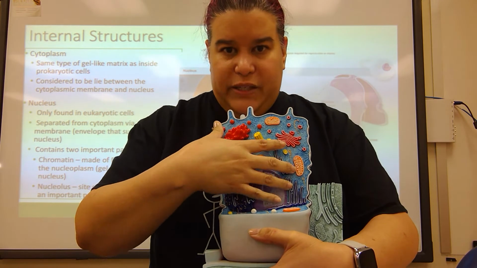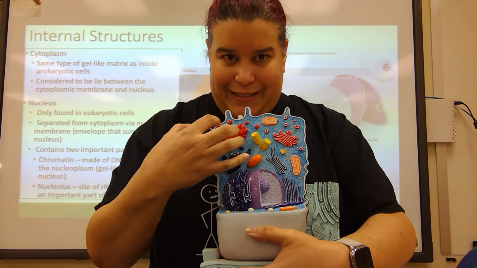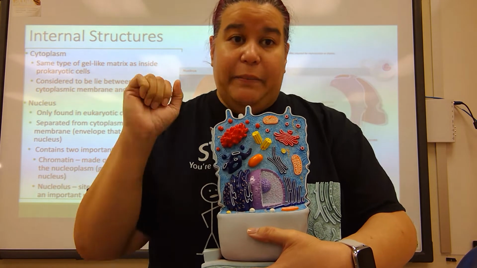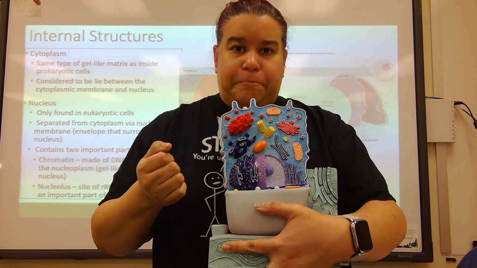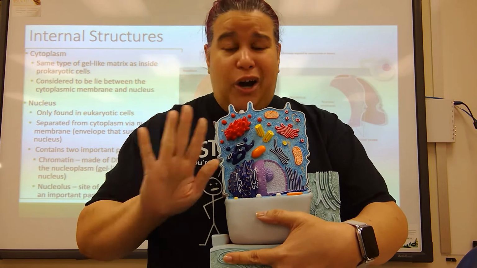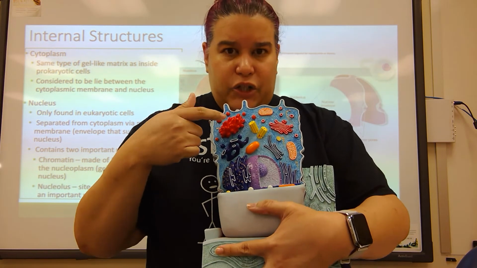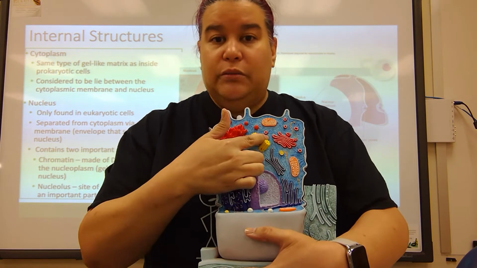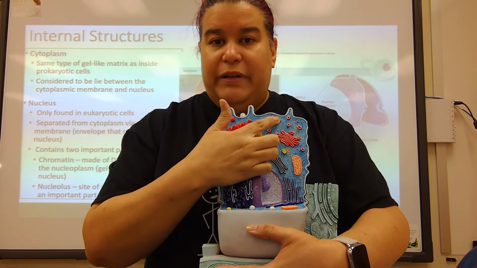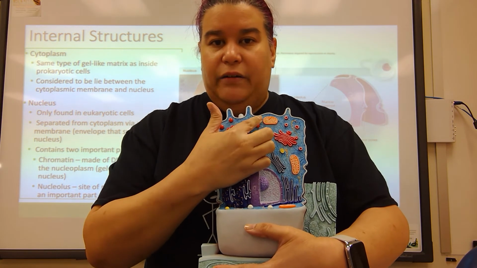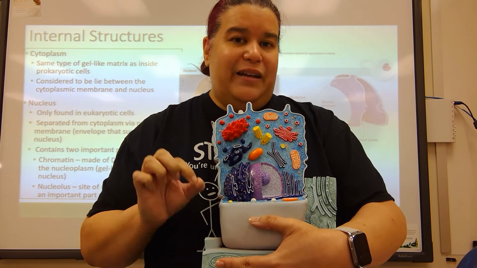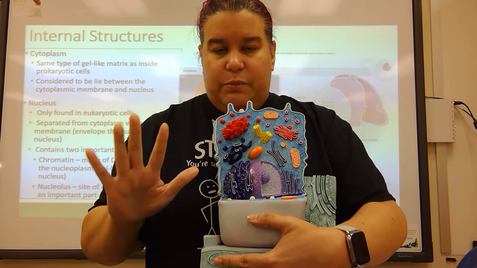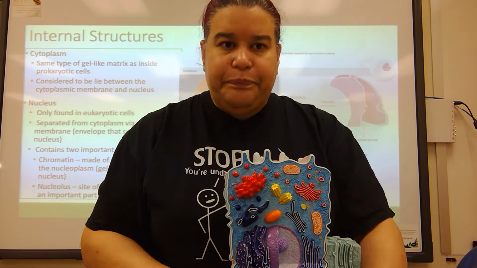So all of this goo and everything floating inside of it is going to be my cytoplasm. If I was just talking about the goo by itself, just the blue, without any of this stuff in here, then you would call it the cytosol. There is a difference between the two, just so you're aware.